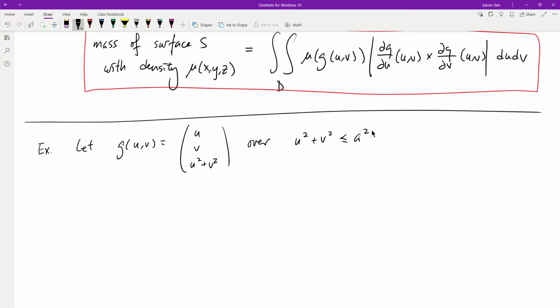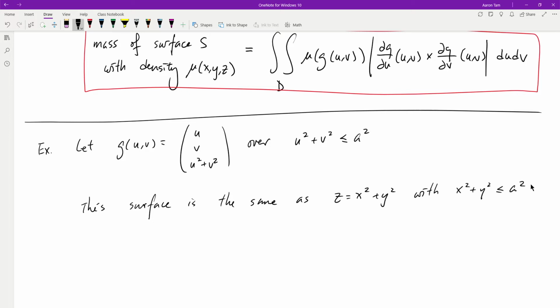Now, some of you might not recognize this function, but it is a function that we have used quite often already. This surface is technically the same as z equals x squared plus y squared with x squared plus y squared less than or equal to a squared. So what kind of surface is this?